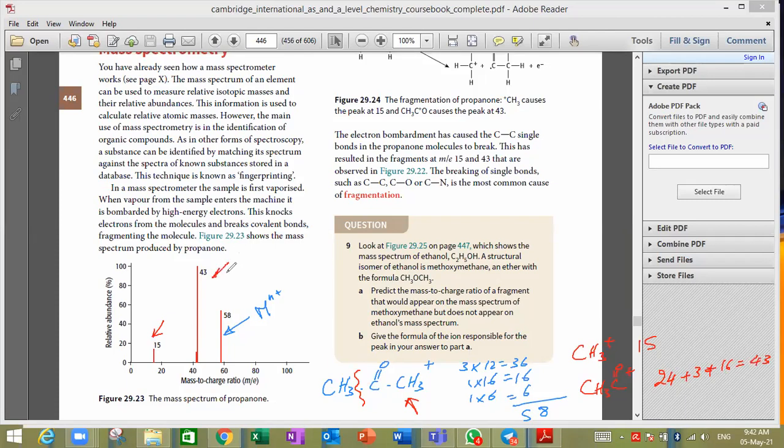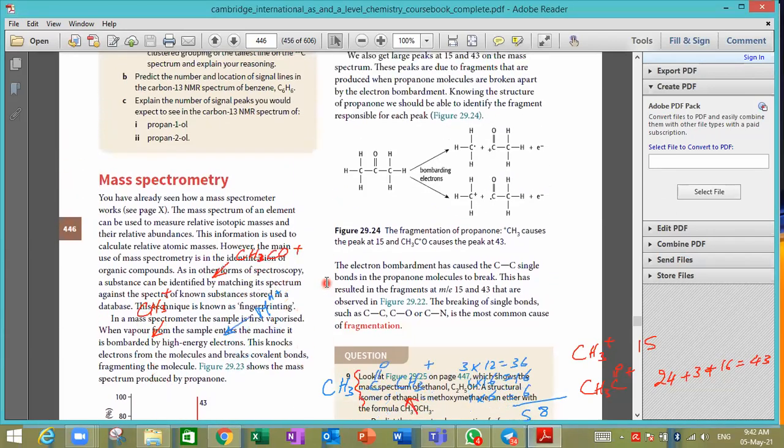So we got this peak. This peak is for the CH3 positive ion, and this is for the CH3CO positive ion. We don't have any other possibilities. These are the only possibilities that we can get from the fragmentation of propanone. That's why you can see the mass spectrum of propanone in this form.